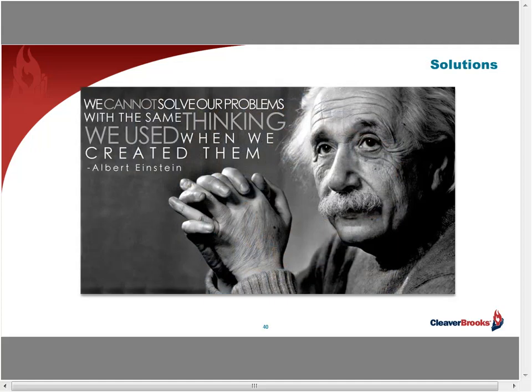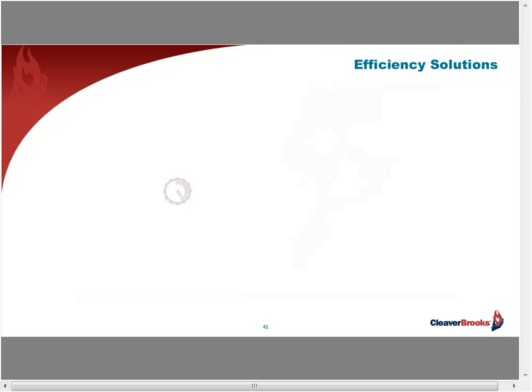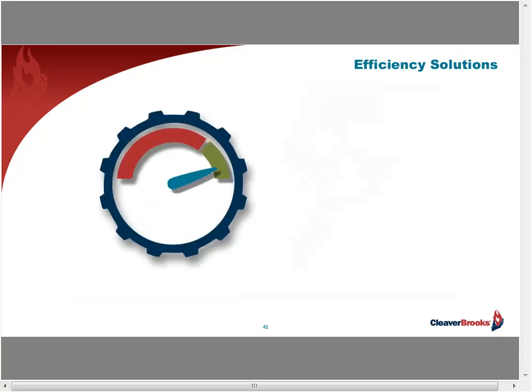Okay, now let's focus our attention on the possible solutions for these impact areas as they relate to efficiency, reliability, and safety. And we'll begin, again, with efficiency and conserving the very high cost of fuel and electricity.